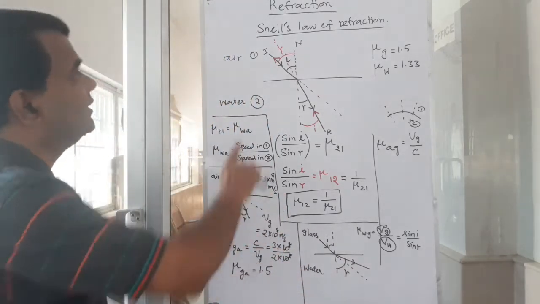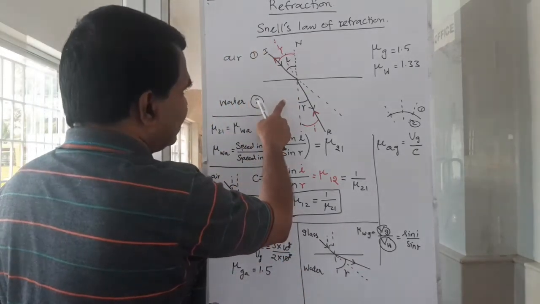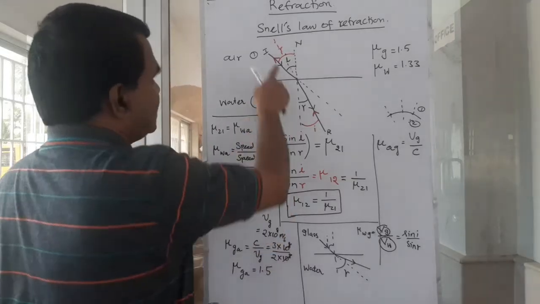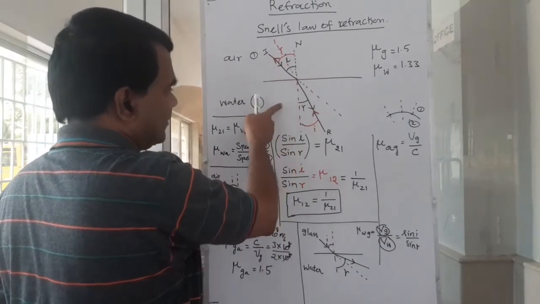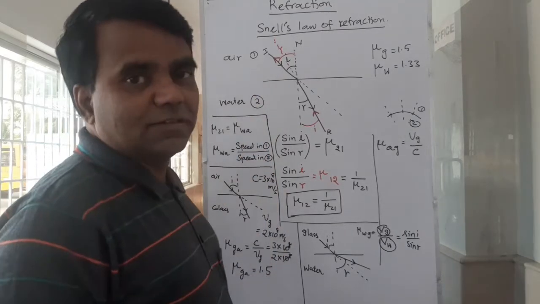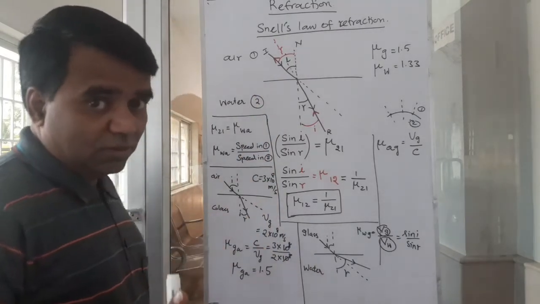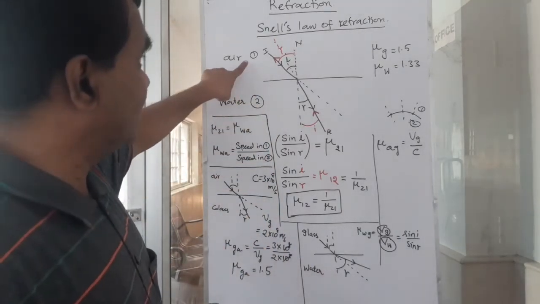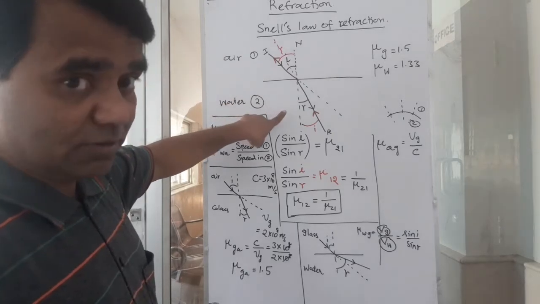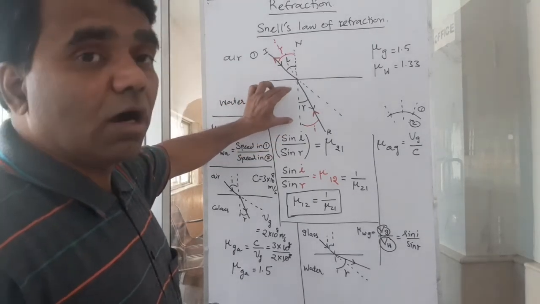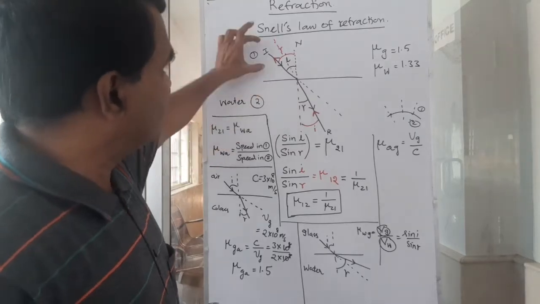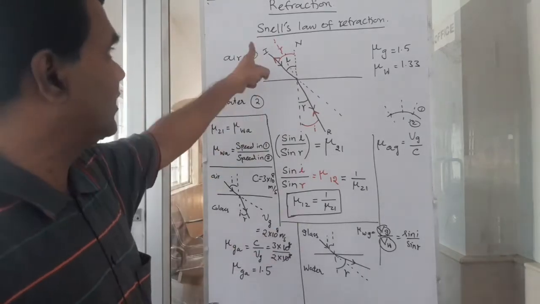For example, we take water. If we want to find the refractive index of water with respect to air, then speed of light in air divided by speed in the medium. Or if you want to find the refractive index of air with respect to water, which means speed of light in water divided by the speed of light in air.